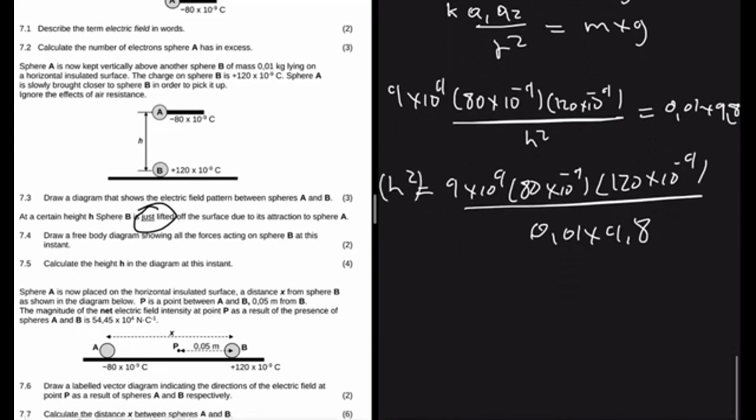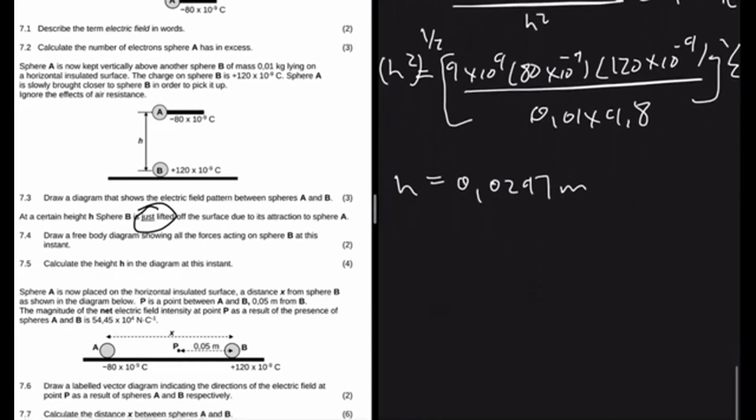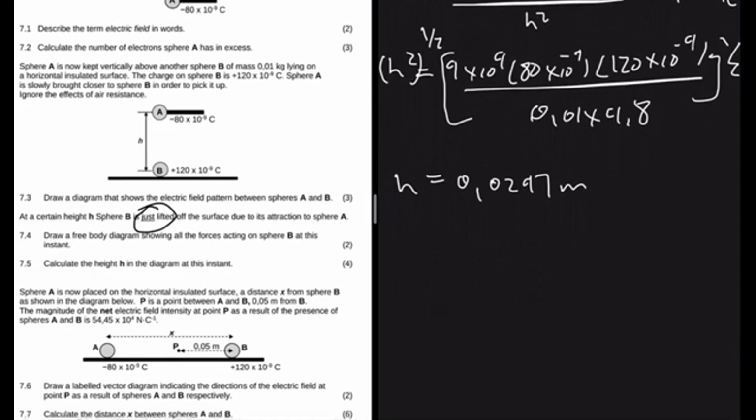So we'll say h squared to the power 1 divided by 2 is equal to this entire expression to the power 1 divided by 2. So h will be equal to 0.0297 meters, right?